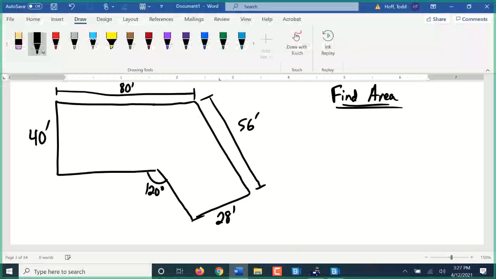I want to find the area, but I also want to find X and Y. Probably because I want to know is Y large enough to even put a garage door over there. 56 feet looks like a long ways. Might not be that much. Probably will be like 18.